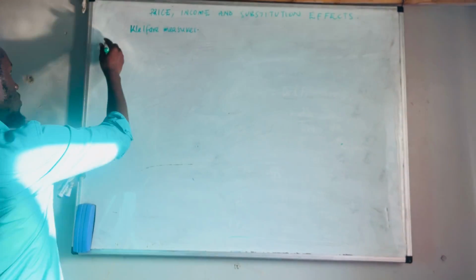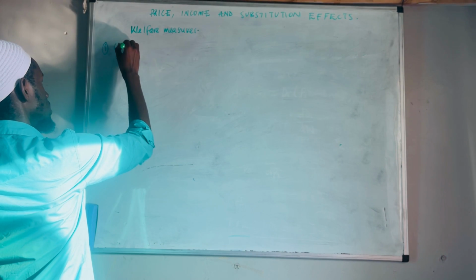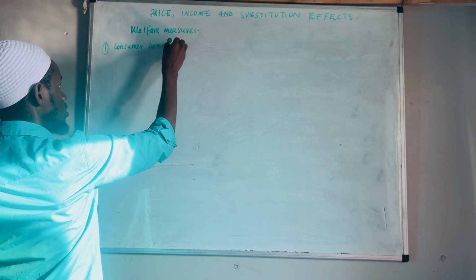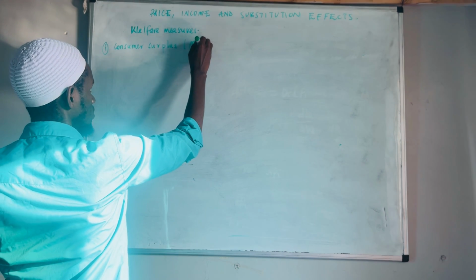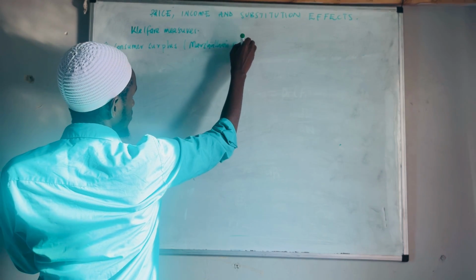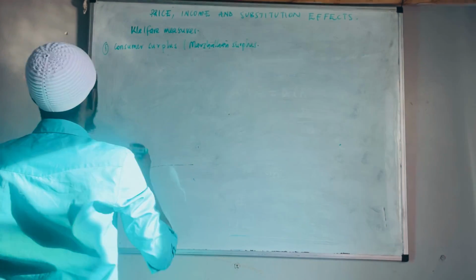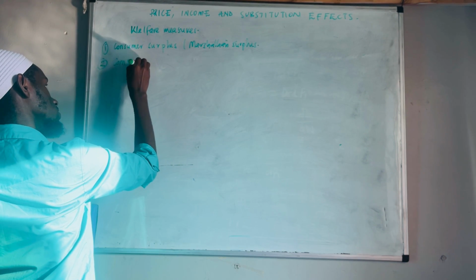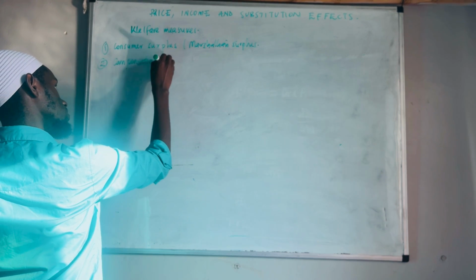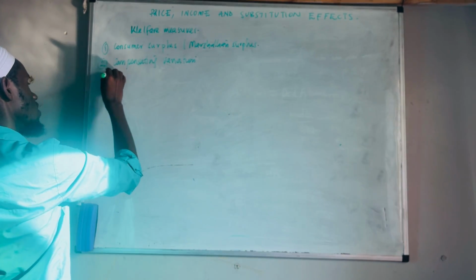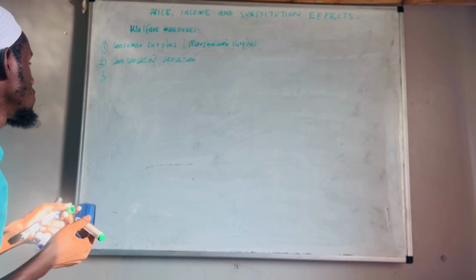We said that one of them is the consumer surplus, what we call the Marshallian surplus. Then second, we have the compensating variation. And then lastly, we have what we call the equivalent variation.